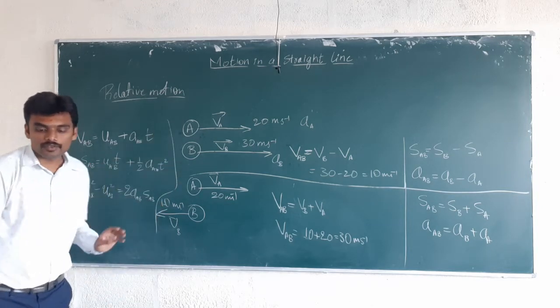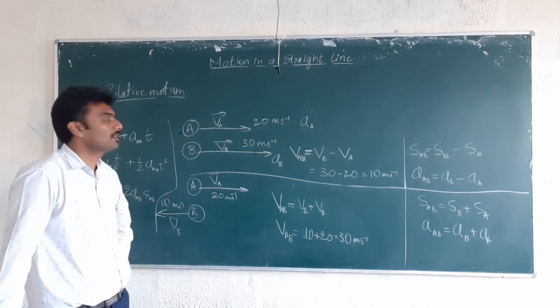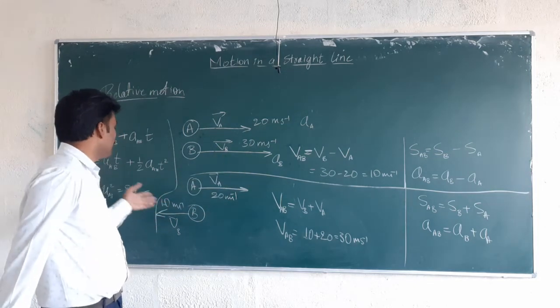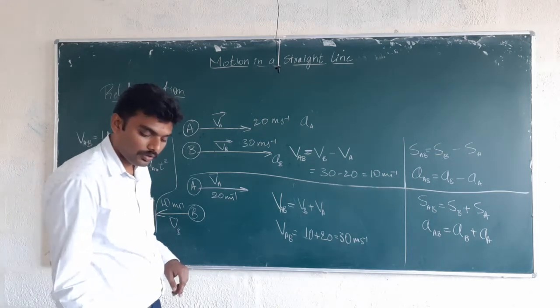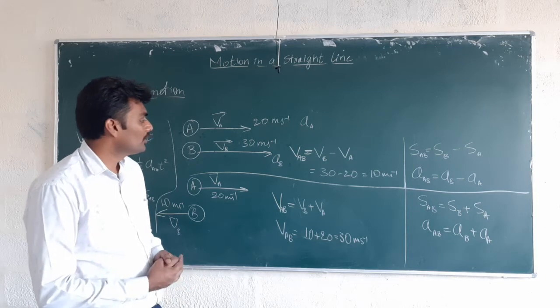So this is about equations of motion for relative motion. You take VAB from this, SAB from this, AAB can be found like this. So this is about relative motion in a straight line with two bodies.